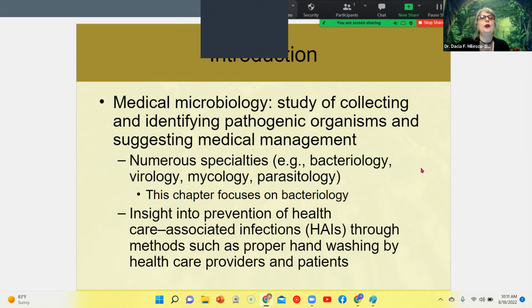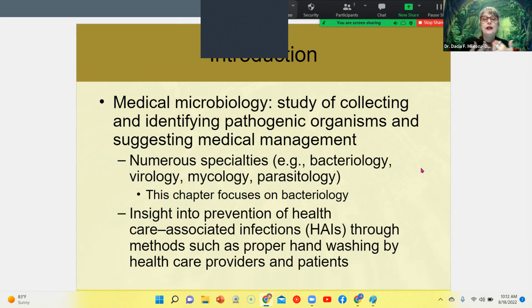That's called a nosocomial infection. Unfortunately, it is more common than you think, and it is associated with the lack of cleanliness in the hospital, not necessarily the hospital itself, but the employees.